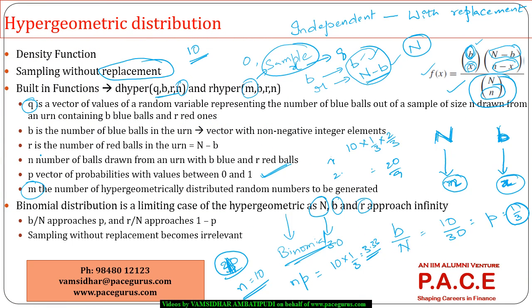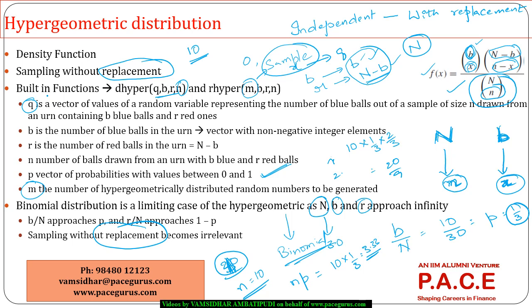If the population size is much larger, I can very well approximate with the binomial distribution, because when the size is extremely large, I hardly see any big difference between sampling without replacement and sampling with replacement. So I can very well assume the two to be more or less one and the same.